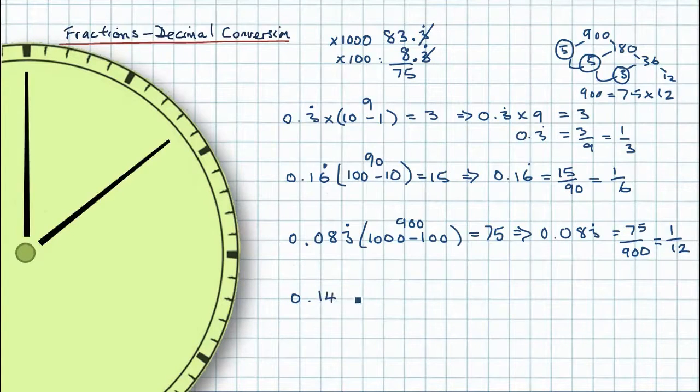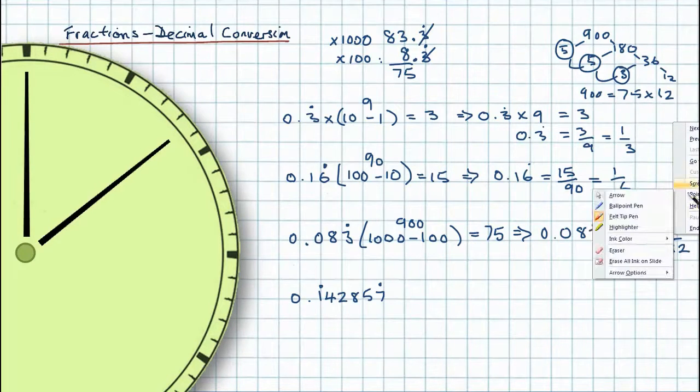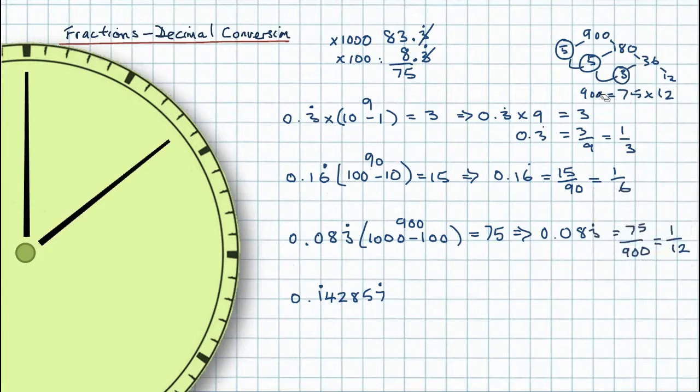Okay, deep breath. 14285 recurring. Gosh. So it would then go 14285 14285 14285, etc., going on forever. I can tell from experience that this is going to be quite a difficult one to work out. We'd definitely need our calculator on this one.